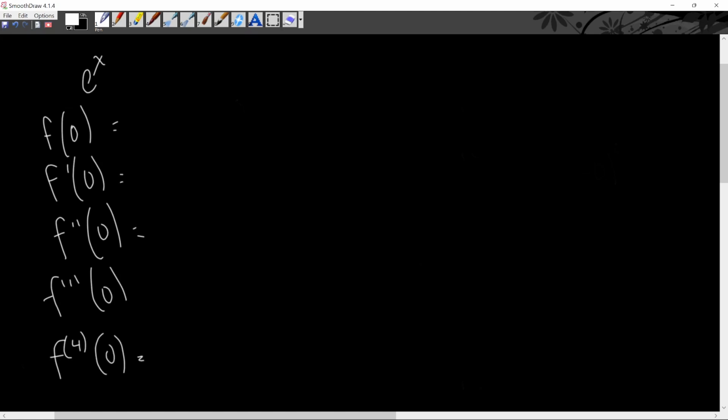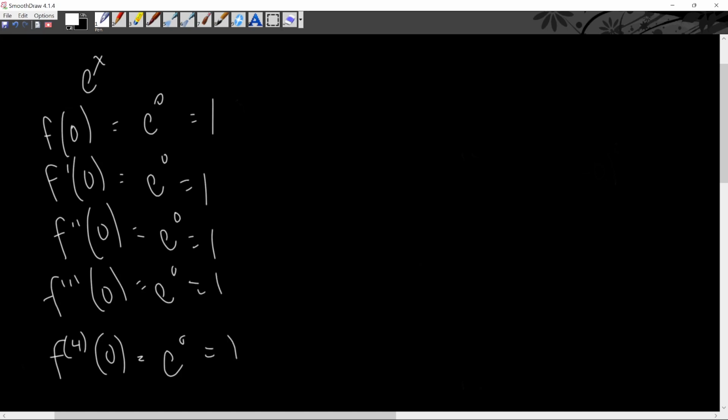And spoiler alert for everybody who knows what the derivative of e to the x is, these will all be e to the 0, because the derivative of e to the x is e to the x. So e to the 0, e to the 0, e to the 0, and now this is 1, 1, 1, 1, and 1.